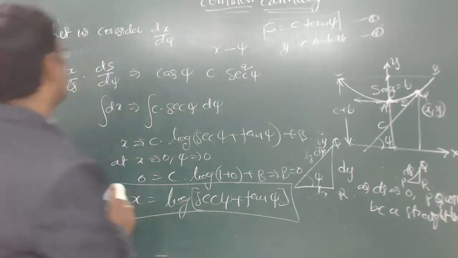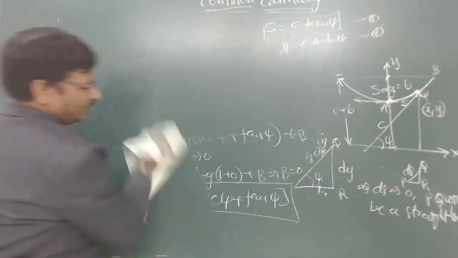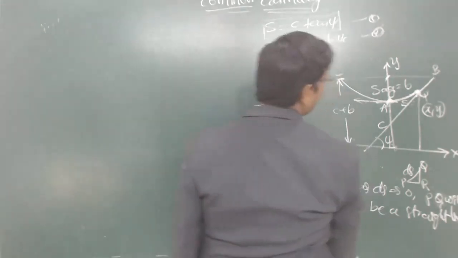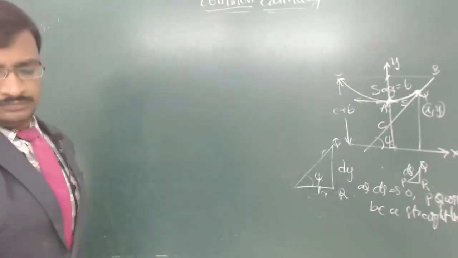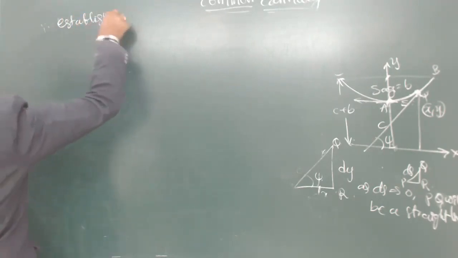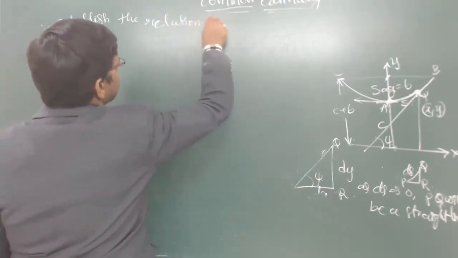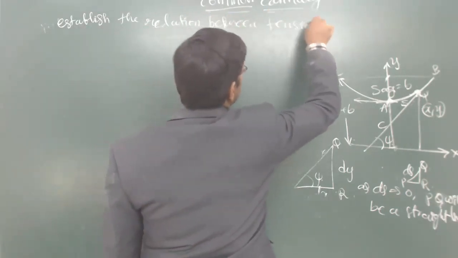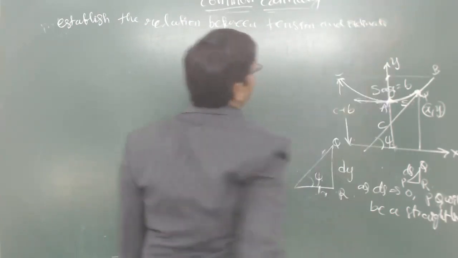But try to establish the relation between tension and ordinate. Ordinate is nothing but y. So the value of y and the tension relation. Or actually, if I randomly give you any y value, then you should be able to tell the tension at that particular point. Tension and ordinate.